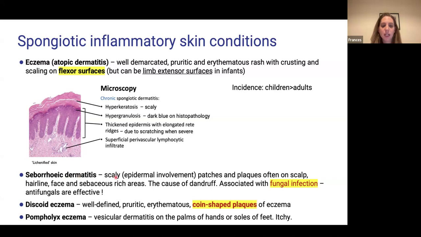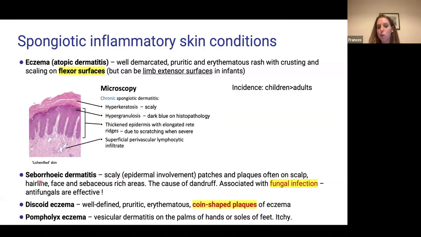Then seborrheic dermatitis. This is again scaly patches and plaques, but in this case, you often find it on the scalp or in your hairline, your face, and then any kind of sebaceous rich areas. So think about the face, and you will also get it around the nasolabial folds and things like this.